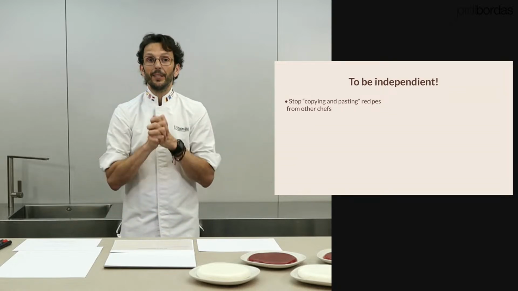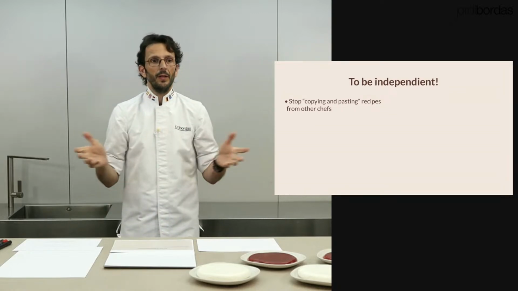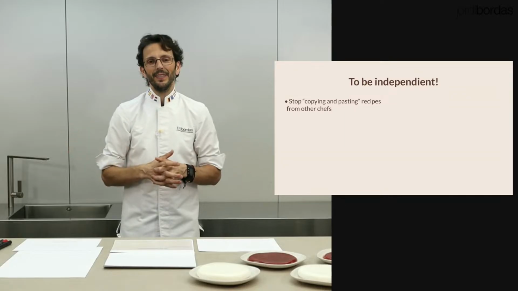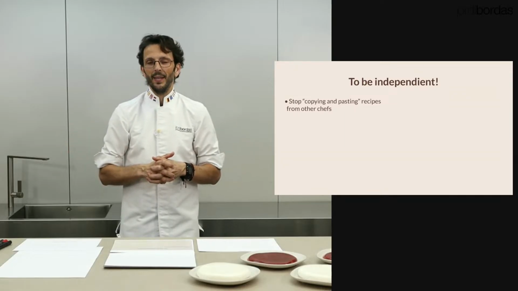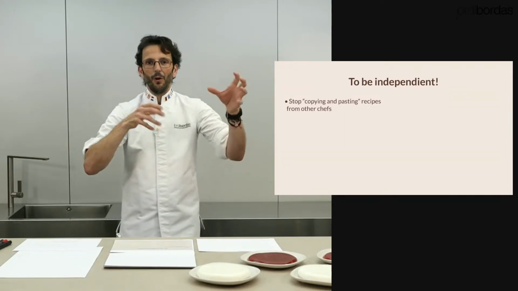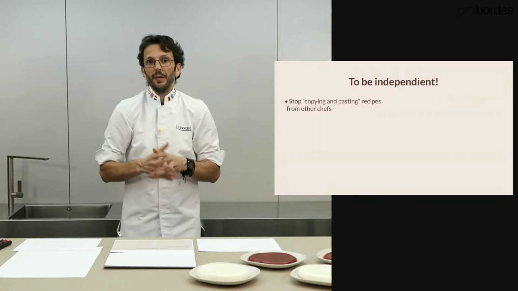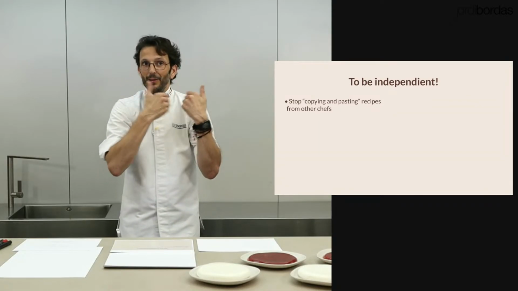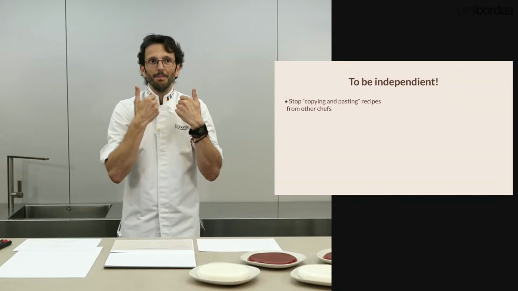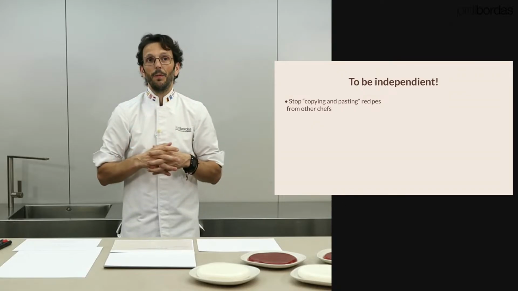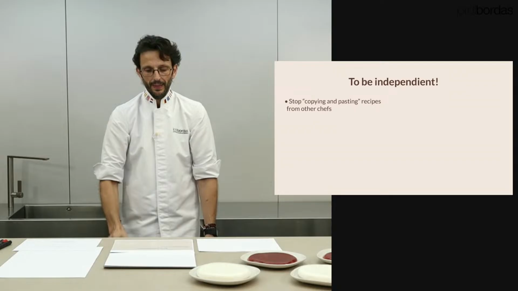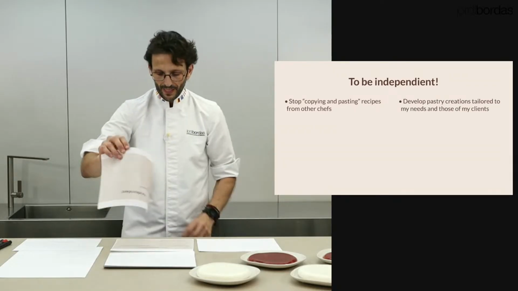Here I wanted to stop the copy-paste, because what I was doing 12 or 15 years ago was just taking recipes from other chefs' books and using these recipes in my presentations. And these recipes were not aligned to my values, to the needs that I had in that moment or that I have now, okay?